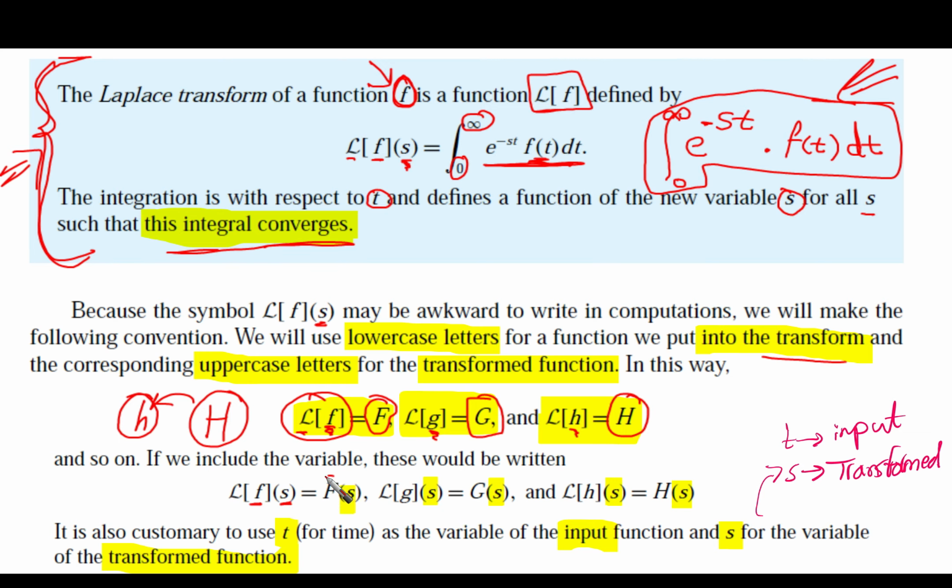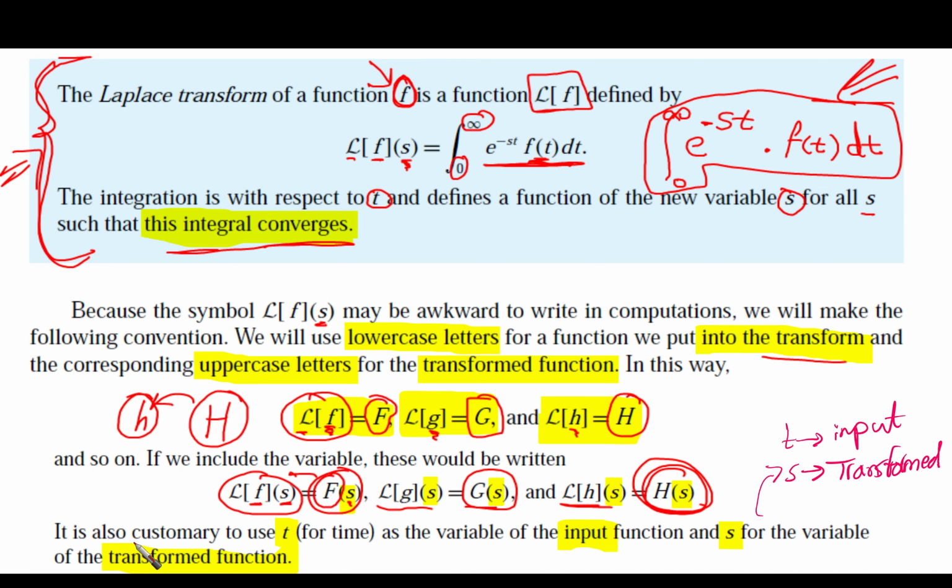So we're going to put F, and between the parentheses, it is going to be s. So this is the same, they are equivalent. This one is equivalent to capital F of s. And this is equivalent to capital G of s. And this is equivalent to uppercase H of s.